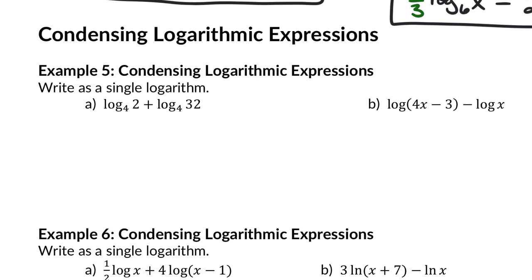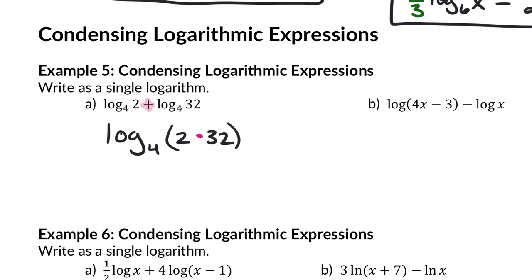This is already an expanded logarithm. We want to condense it and work backwards, meaning if I see that there's a plus sign, what can I do with the two things inside those logarithms? Adding went with what? Multiplying. So I can put these together into one logarithm and do 2 times 32 on the inside. I can condense them.